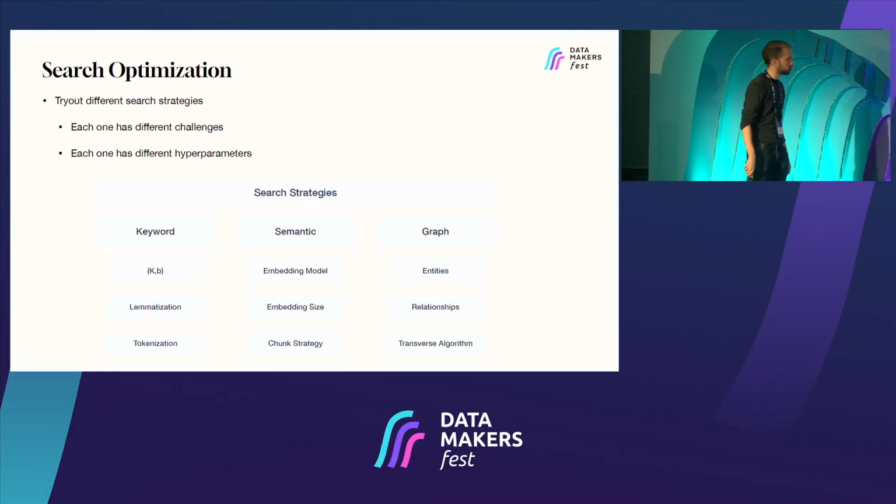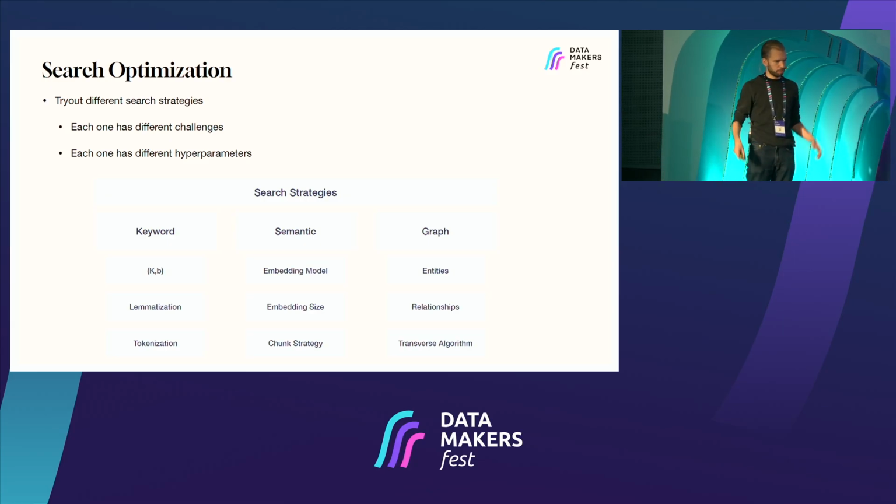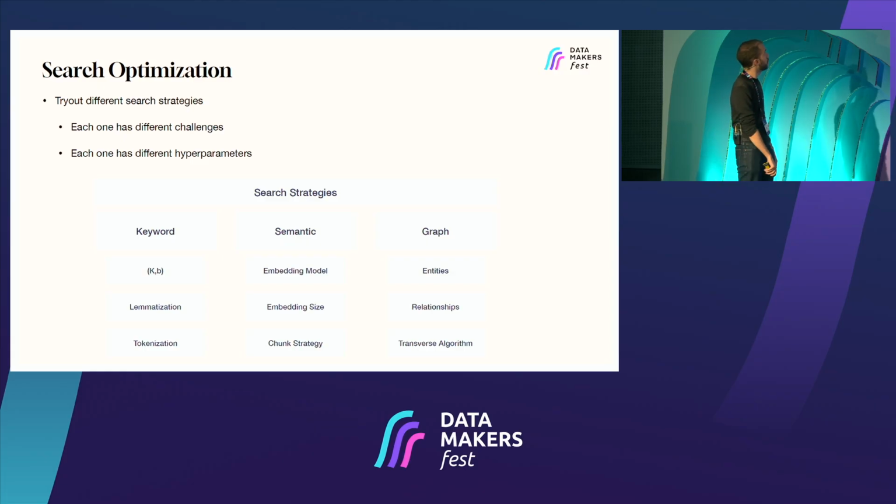Okay, so basically search optimization, I think it's the big thing to do when you're developing a search engine. Try different search strategies or algorithms, keywords. You can play around with the thresholds from BM25. Lemmatization and tokenization are very important in terms of language.